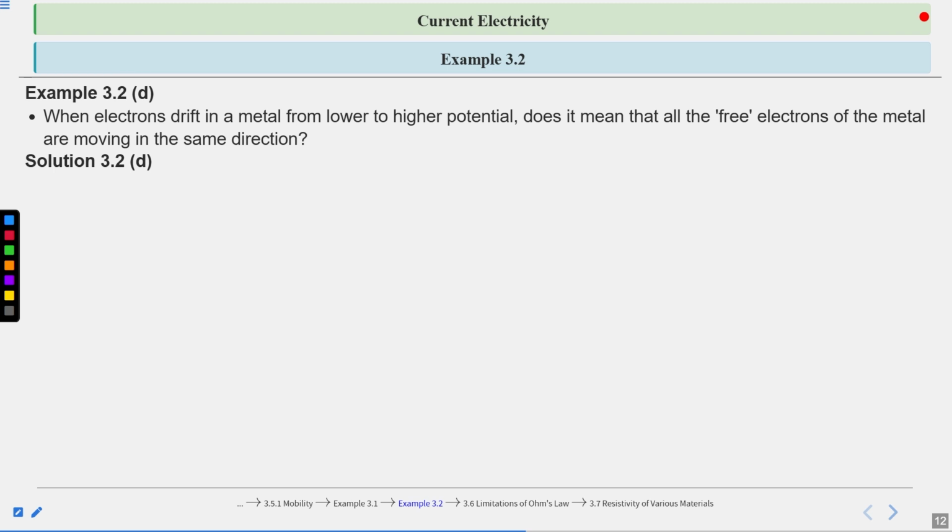So the drift speed will not cancel the thermal speeds exactly. It will only provide the electron a specific direction to move, but thermal speeds are still there. That drift speed only overcomes the effect of thermal speeds, but does not completely cancel it.